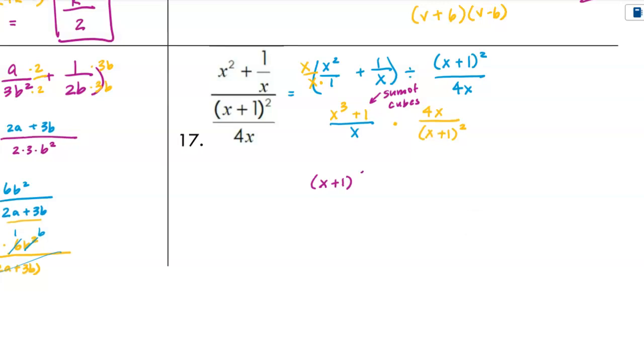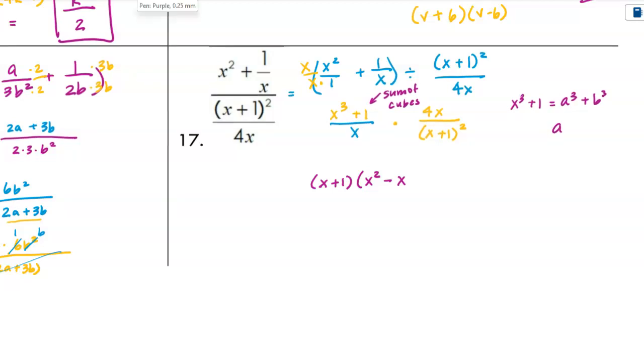Okay. And then you square that first term. And it's a minus. And it's an ab. So you have to multiply the a and the b together. So it's 1 times x. And then b squared. So if we had x cubed plus 1, so that would be a cubed plus b cubed.